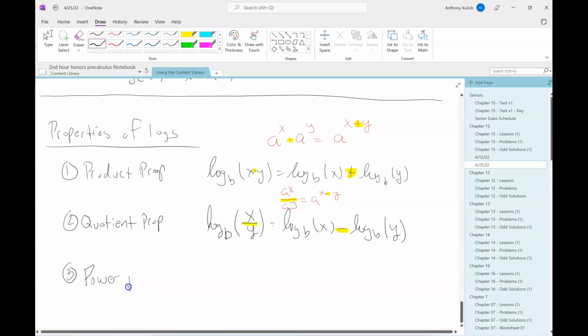The next one is the power property. This says log base b of x to the c is equal to c times log base b of x.